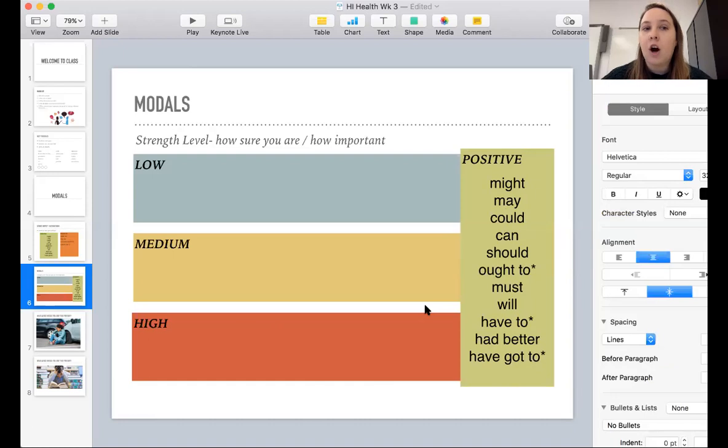So take a minute on your own and think, which of these is low strength and which of these is high strength? Okay. If you need some more time, just pause this video, take a few minutes, decide which of these modals are low strength, which of these modals are medium strength, and which of these modals are high strength.